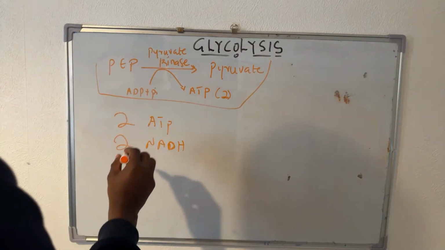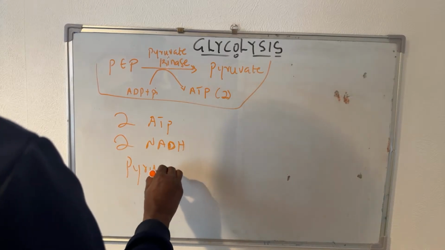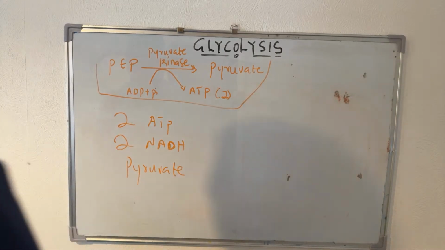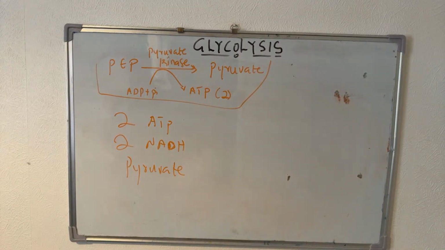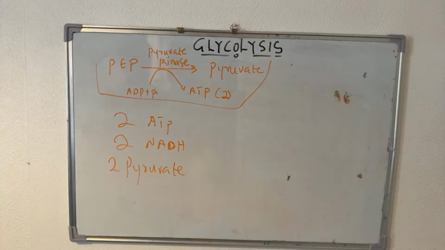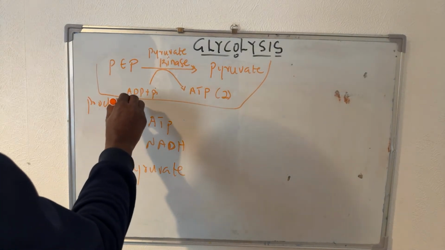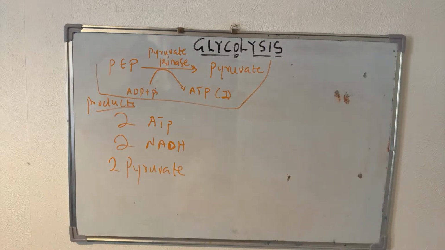And then you have pyruvate. It's still 2 pyruvate that is produced from 1 molecule of glucose. So these are the products. It's important that you remember that.